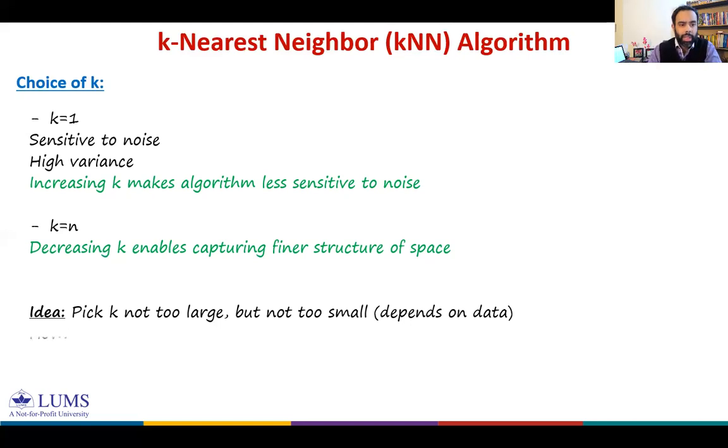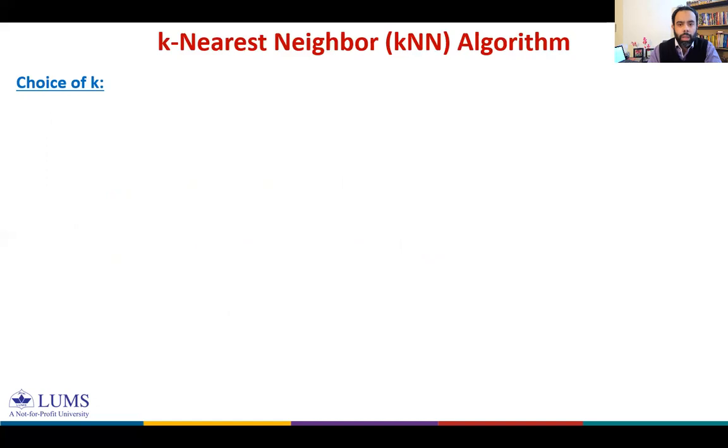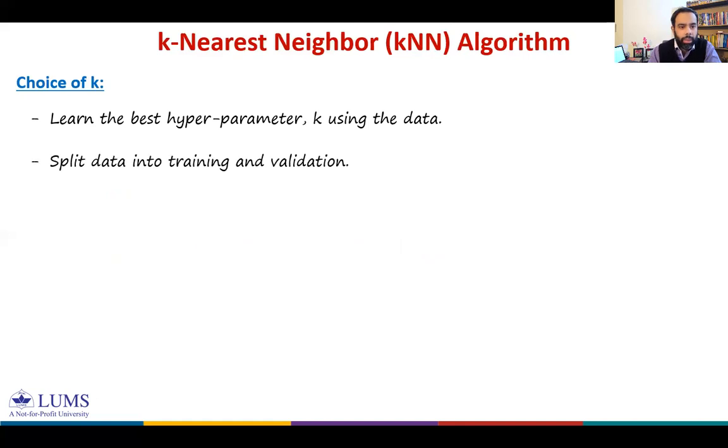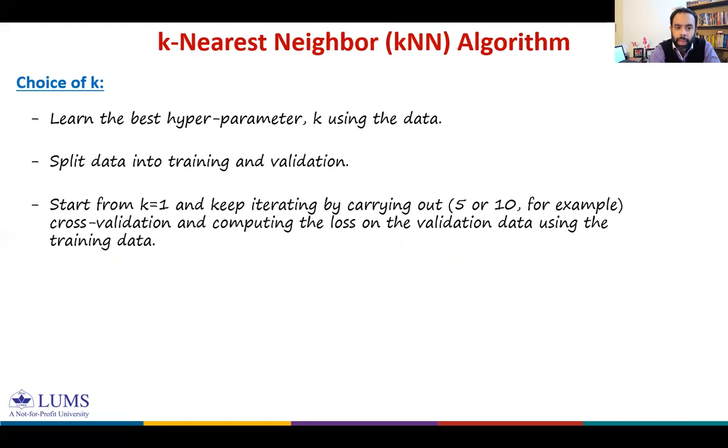So let me summarize this. We learn the best hyperparameter k using the training data. We split data into training and validation. Say we start from k is equal to 1 and keep iterating. You can take 5-fold cross validation, or you can take 10-fold cross validation. And for each value of k, we compute the loss on the validation data.